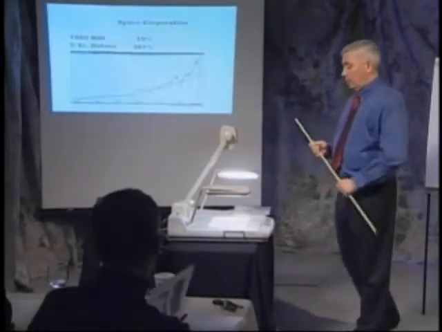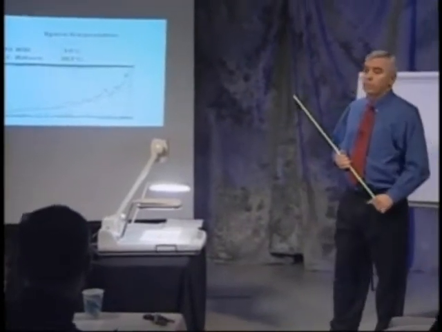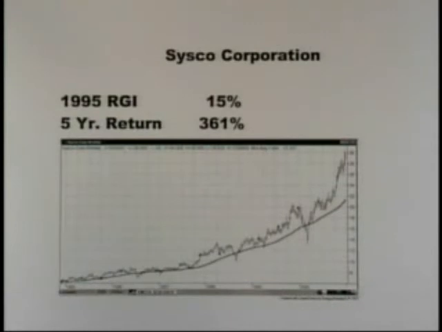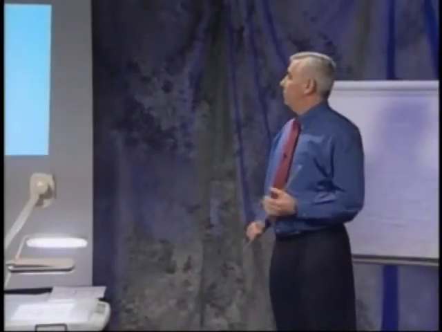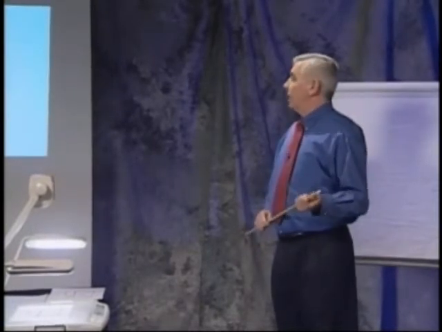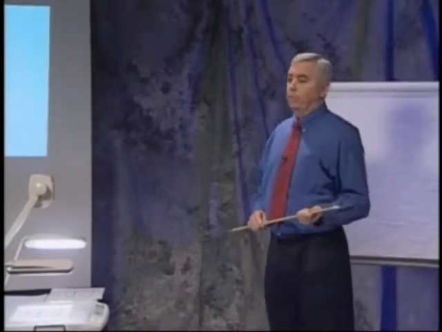And what I did is I took a couple examples of companies that had a healthy book value growth 5 years ago in 1995. And then I traced their progress over the last 5 years just to see what their overall return was. This is a chart of Cisco Corporation, not the tech stock, but the food distributor.